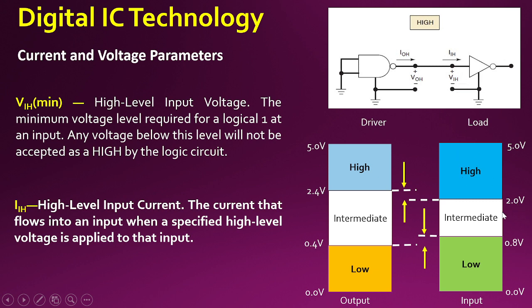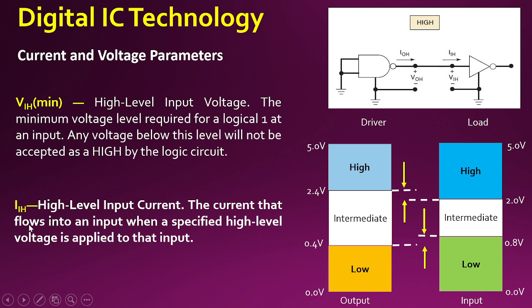So the range is between 5 to 2 for the input profile. Here the 2, that is 2 volts, is the minimum high input voltage, beyond which it will enter into an invalid zone. So we will call this the worst case input voltage. That is why we have just written minimum. So 2 is the minimum, it can't go below this.